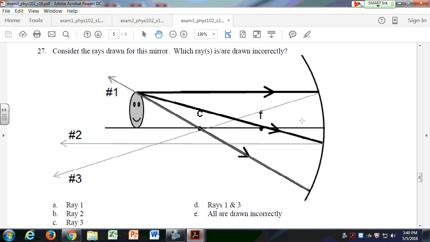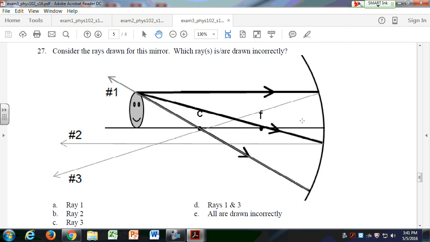You always need to know the correct rays: parallel through the focal point, and through the focal point and parallel to the axis is correct. Well, number 1 is correct too, actually. For mirrors, I go through the center of curvature and it comes back on itself. So all of these are correct on this one. Is number 3 wrong?